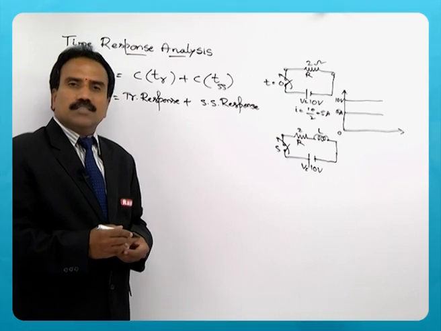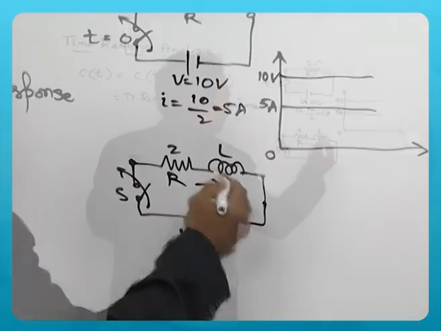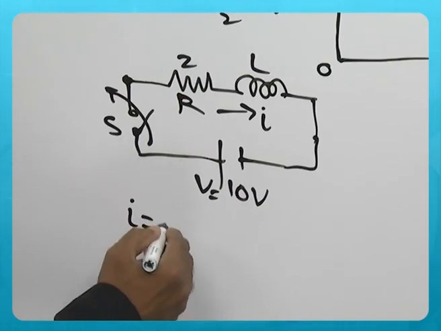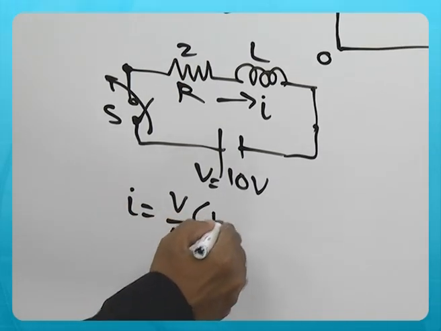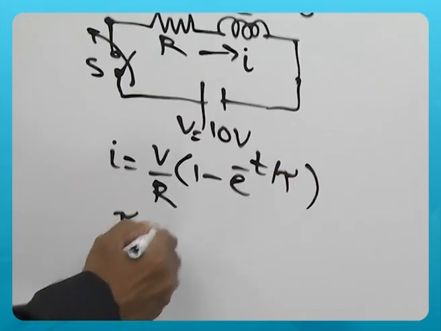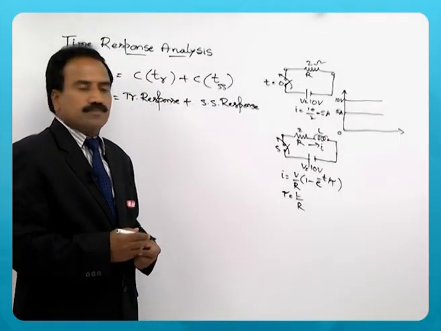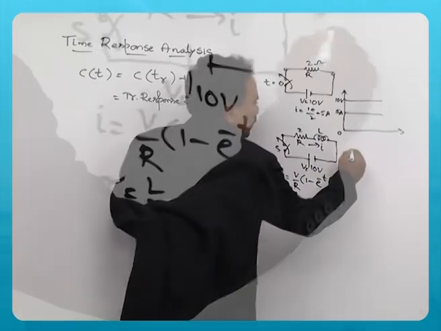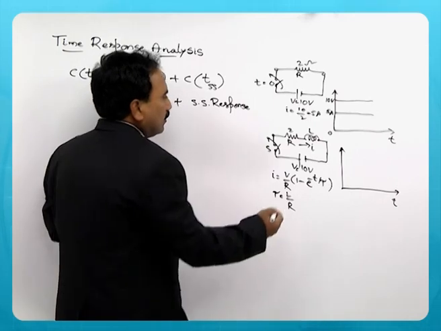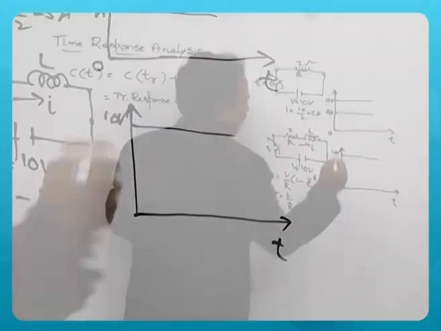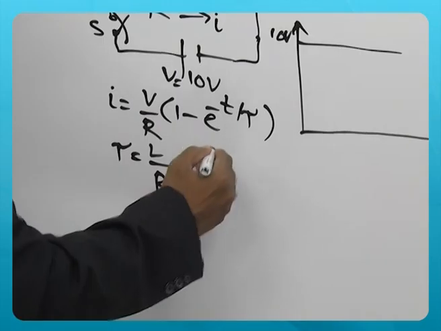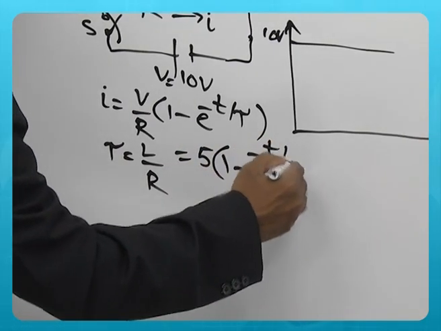Then what will be the current in the circuit? The current will build up in the RL circuit, and that current is given by V by R into 1 minus e power minus t by tau, where tau is the time constant of the RL circuit, L by R. Now, response I of t as a function of time, for 10 volts supply: V by R, V is 10, resistance is 2, so 5 amperes into 1 minus e power minus t by tau.